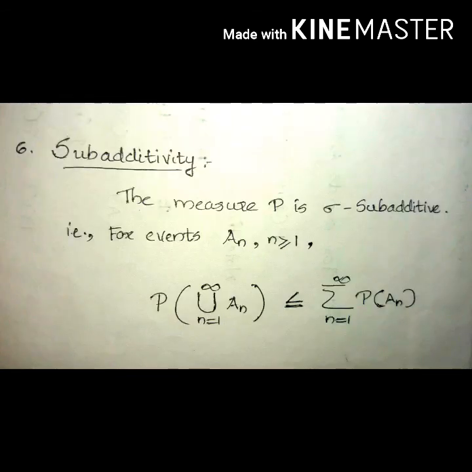Next is subadditivity. The measure P is sigma subadditive. That is, for events An, n greater than or equal to 1, P of union n equal to 1 to infinity An is less than or equal to summation n equal to 1 to infinity P of An.